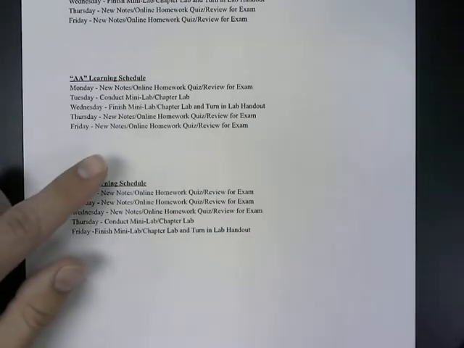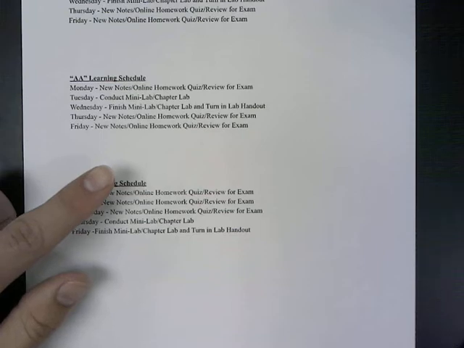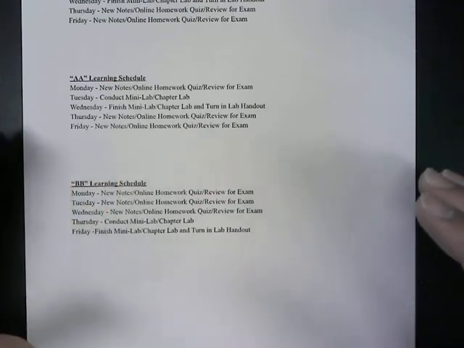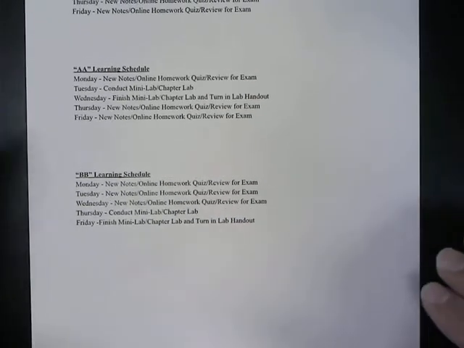It's the same lab experiment the remote kids are getting. You are just actually physically doing that particular lab experiment in class. Before you leave class on Wednesday, you will turn in that lab handout for that particular lab. Thursday and Friday will be the same as the remote learners. You will either take new notes via Google Classroom or you will complete an online assignment using Google Classroom.